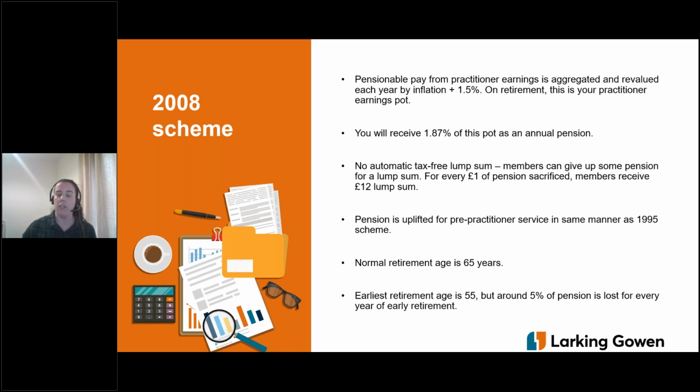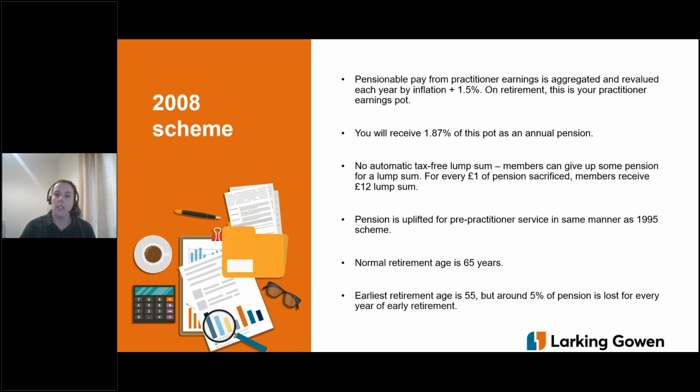But on the flip side, there is no automatic tax-free lump sum, and you have to go an extra 5 years before you reach normal retirement age. So that's why looking at pensions and what's right for you is quite a complicated scenario, and making sure you get the right advice, which is not something we can do, as Lizzie alluded to, because of these little nuances. They give with one, but they take away with the other.